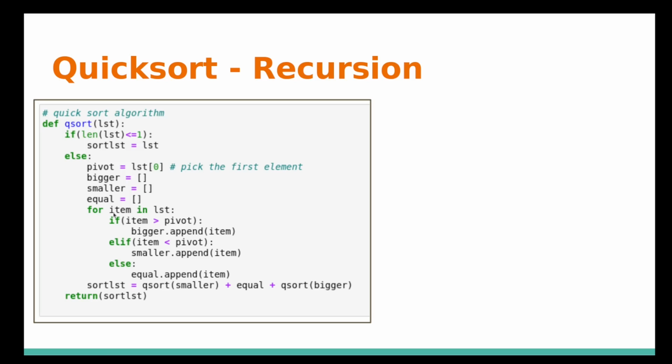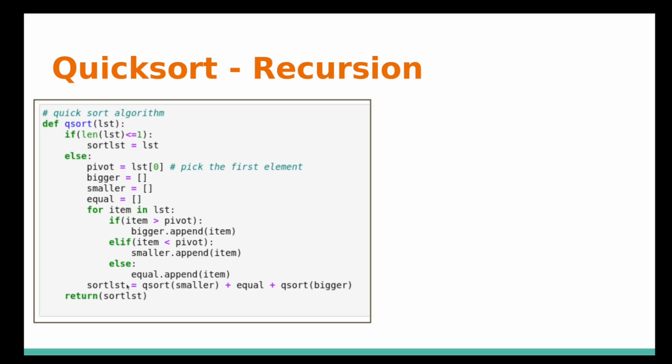And then I say for item in list, if item is greater than pivot, bigger dot append the item. Else, if the item is less than the pivot, I'm using elif because I have three conditions, I say smaller dot append the item. If these two conditions are not met, then the item that I'm comparing is the same as my pivot, in which case equal dot append the item.